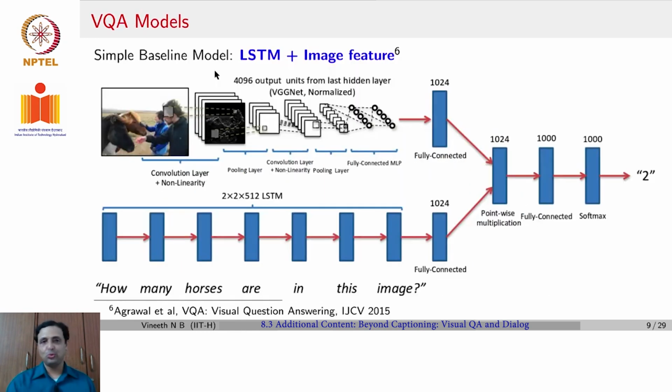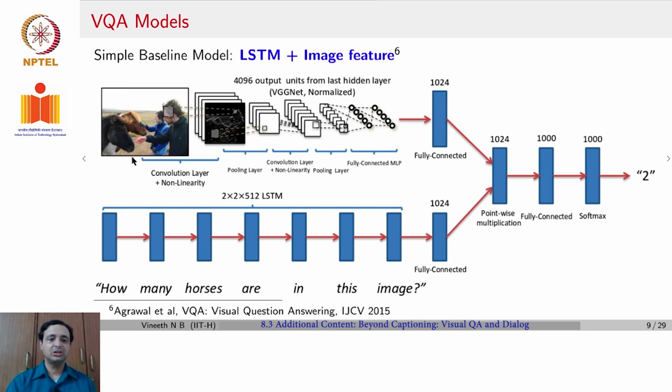Having seen a few of the datasets that are used for visual question answering, let's now see a few models that have been developed for addressing the VQA problem. One of the baseline models that you can obviously think of for visual question answering is a combination of an LSTM and image features that you get out of a CNN.